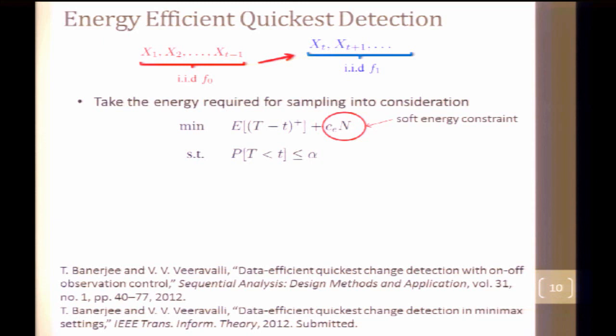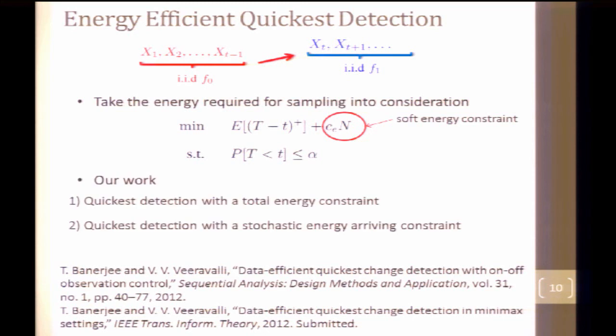So what we have done is that we consider two different problems. The first one is quickest detection with a total energy constraint. You can think of this as a sensor which is powered by a battery. Because the energy you have in the battery is limited, the total number of samples you can take for this kind of change point detection is also limited.